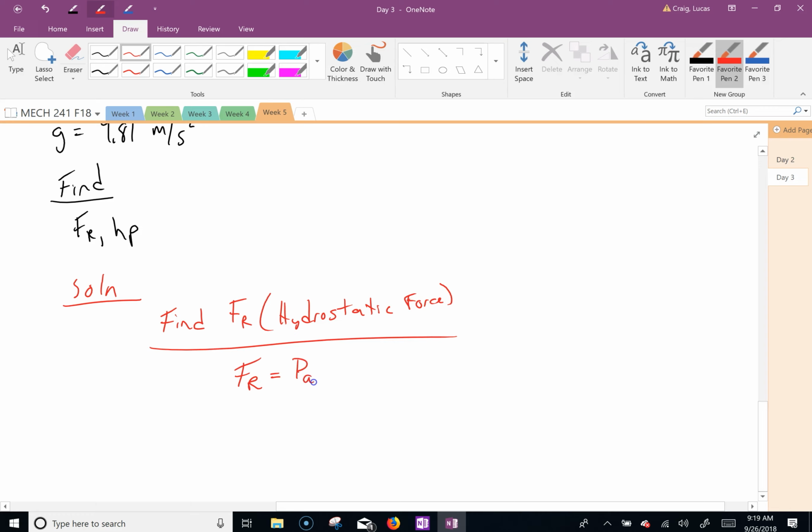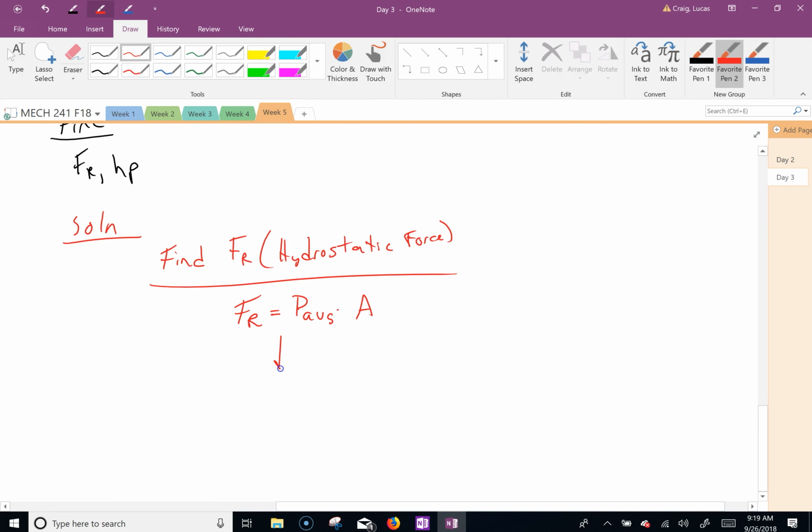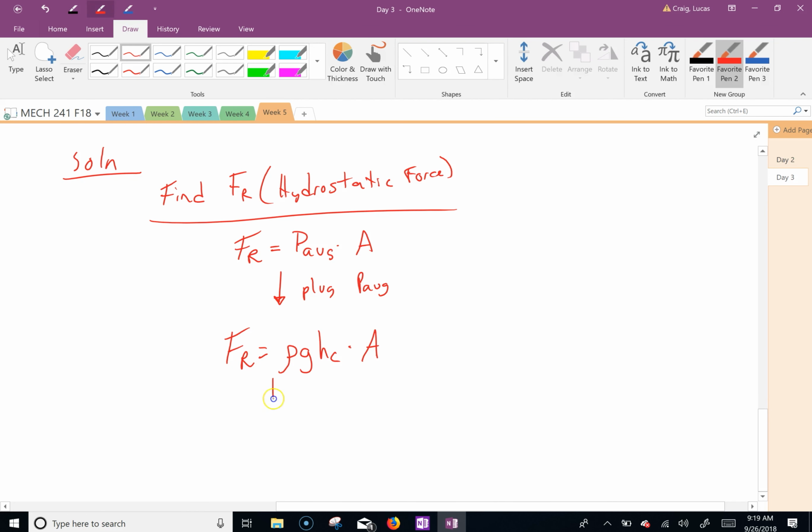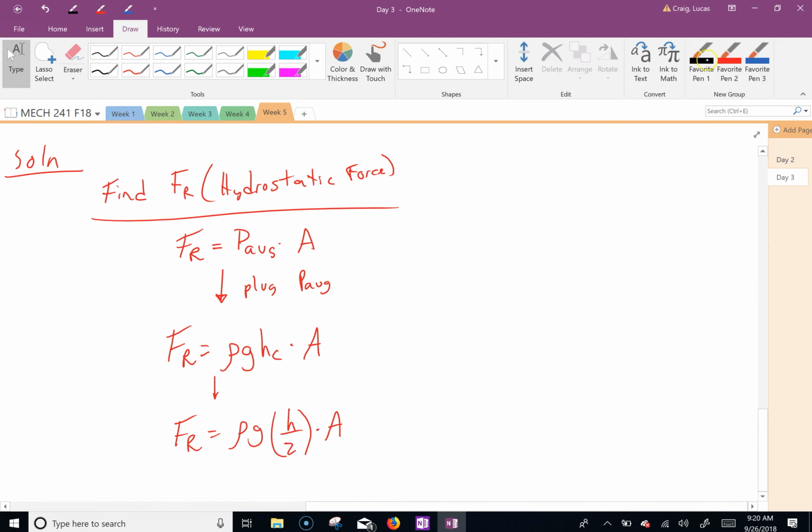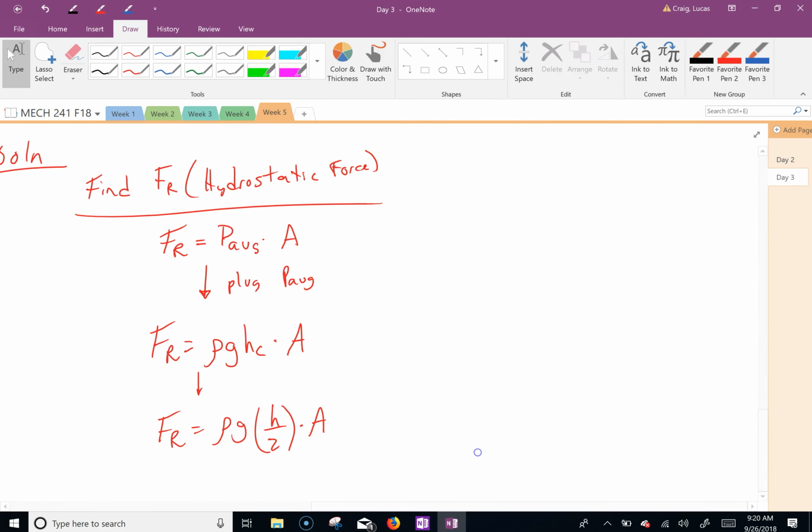So FR equals P average times A. And I'm okay now if you just say plug P average in: rho G HC times A. And I'm going to go one more and say rho G H over 2 times A. And again, I'm okay if on the right you do small sketches and put some notes.